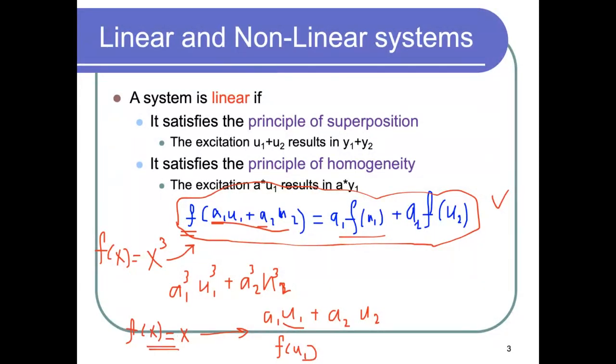So you're done. Even if you add any scalar here, it will not affect the result. So this is how you can check if the function is linear or not, or if the system is linear or not. This definition is really generalizable to beyond just single valued functions.